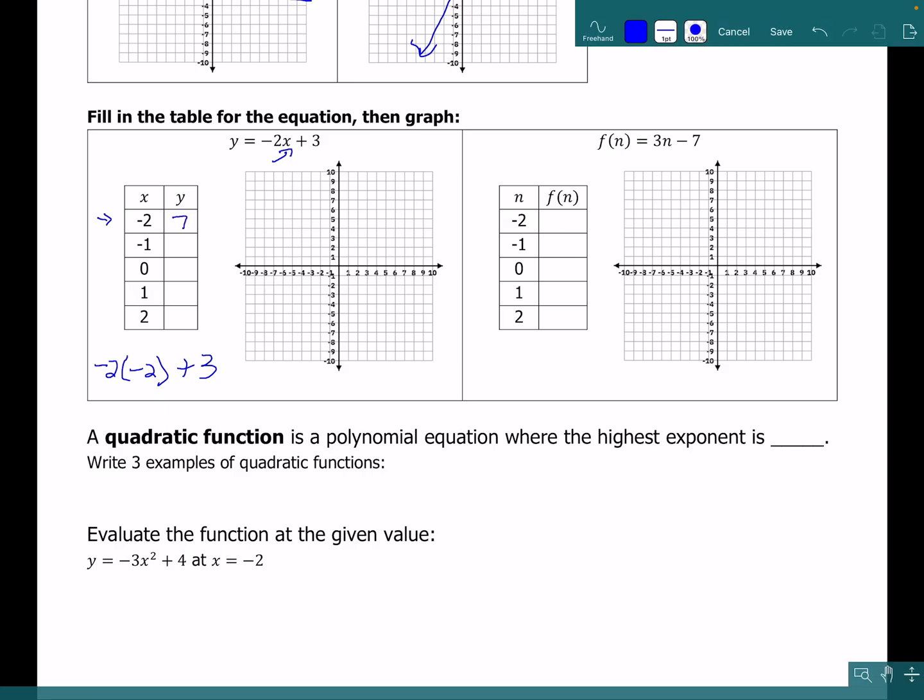When you plug in negative 1, you get 5. And so on. And then you just plot these points. You'll notice that it still goes through a y-intercept of 3, and it still goes down 2 and to the right 1.